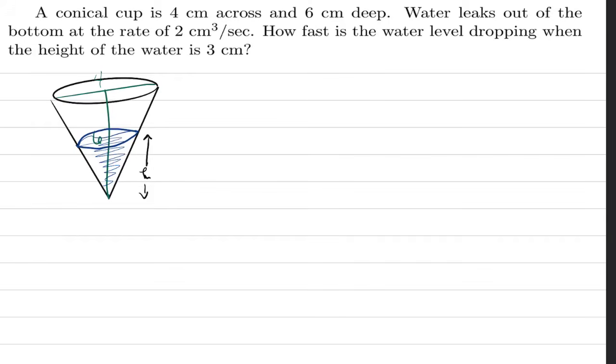But also, dun sa radius ng base. Okay, so, let's say that this distance r. Okay? So, let's declare variables. Let V be the volume of the water inside the conical cup.